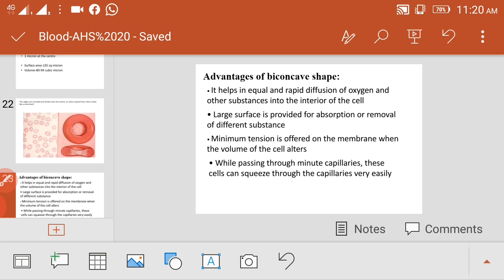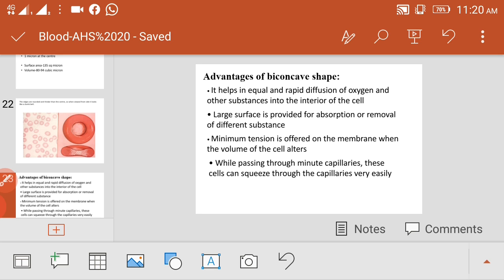Okay, then it has a large surface area, so that provides for absorption and removal of different substances, like removal of carbon dioxide and absorption of oxygen. Minimum tension will be created on the membrane when the volume of the cell alters.